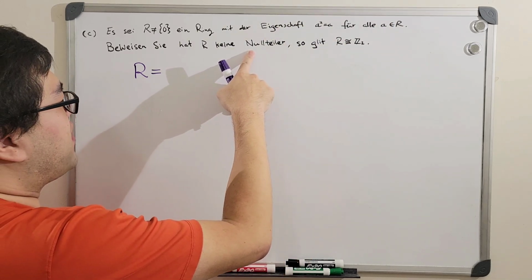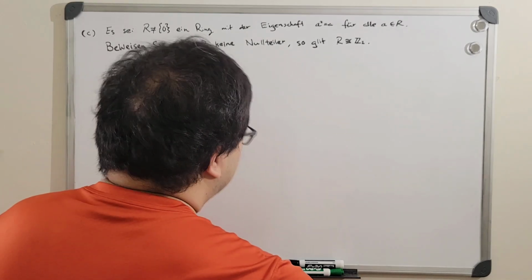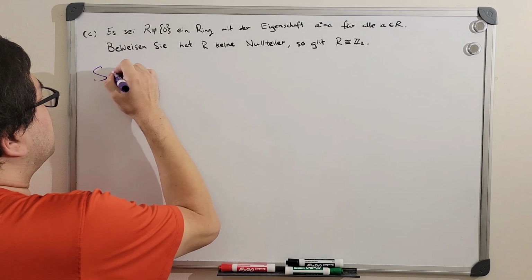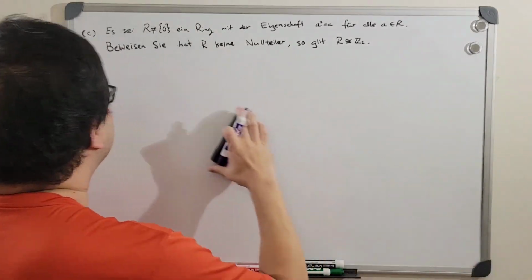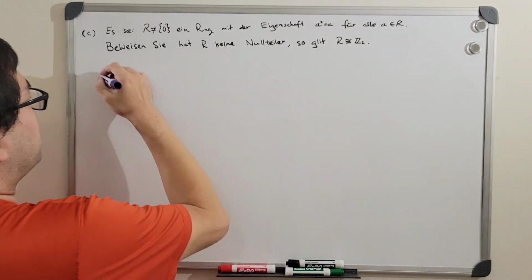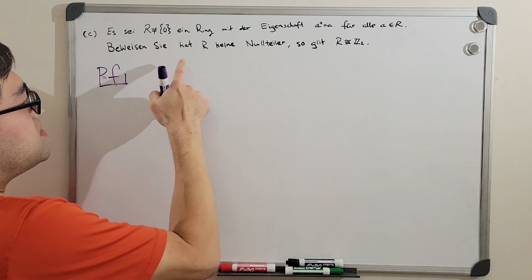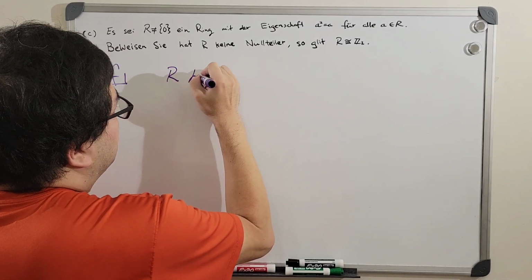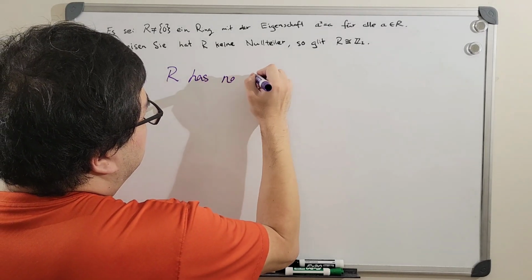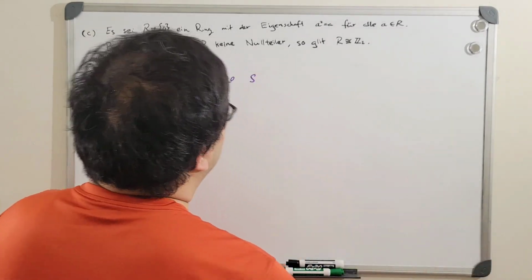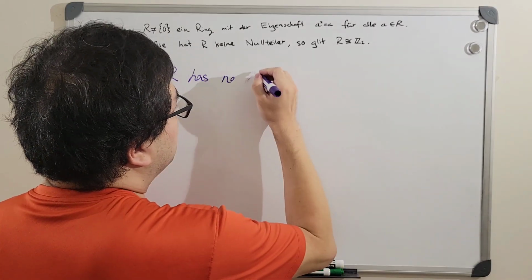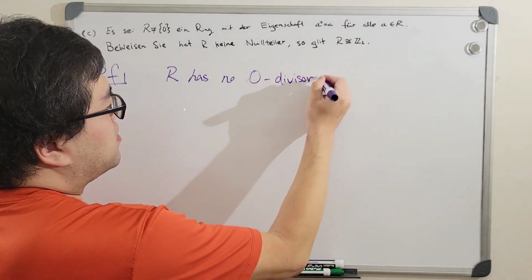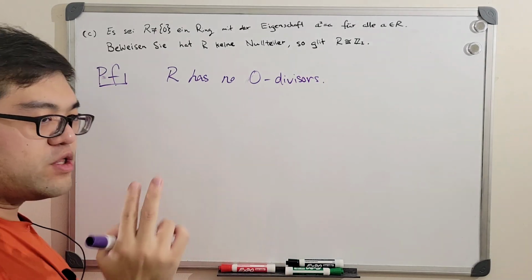We can now assume that, given the ring has no zero divisors, let's say it's a proof. So, proof: since we know that the ring has no zero divisors, we can break it into two parts.